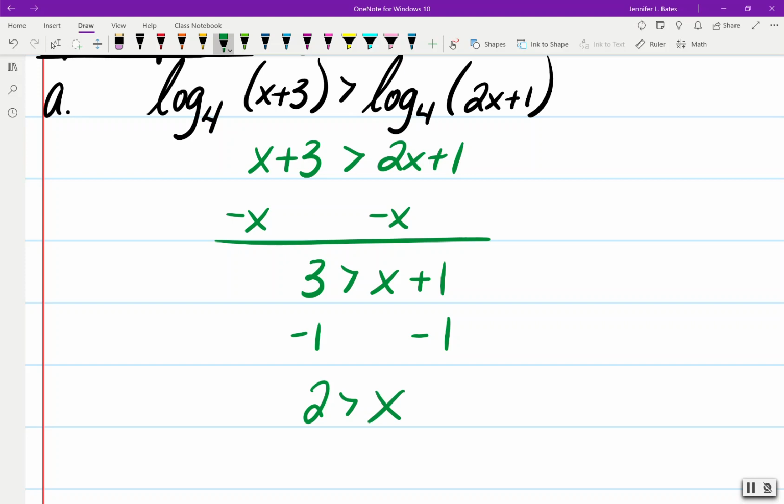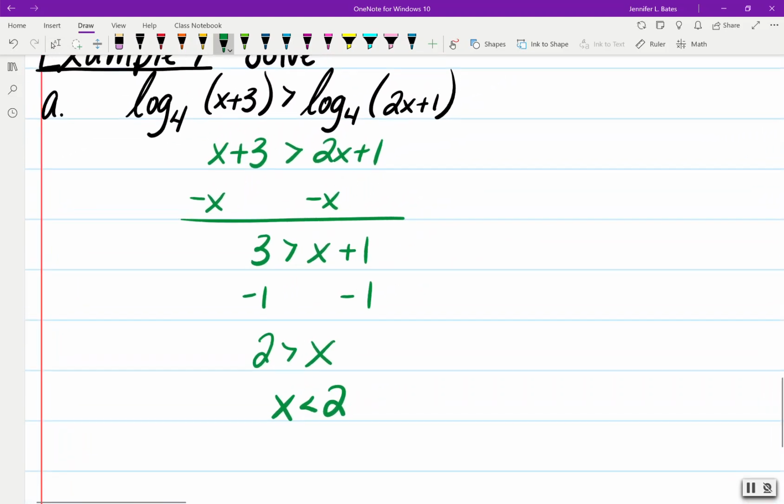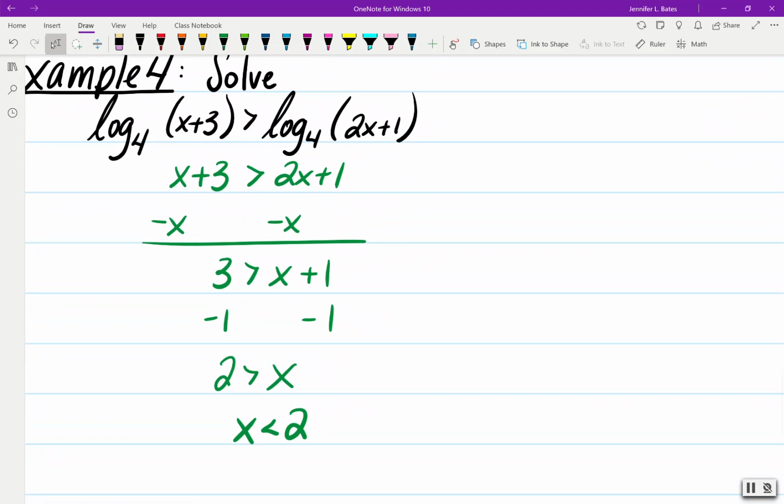When you solve for x, you're going to get 2 is greater than x. Another way to say this is that x is less than 2. Now, the arguments have to be greater than 0. So we're going to set the arguments greater than 0.